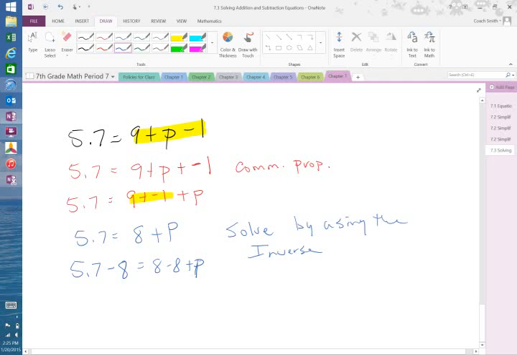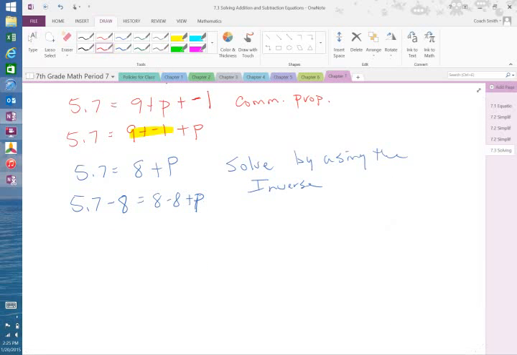Because I was adding 8, I did the inverse to both sides, which is subtract 8. Now I have the 8's on the right side canceling each other, leaving me with P. Then I have 5.7 plus negative 8.